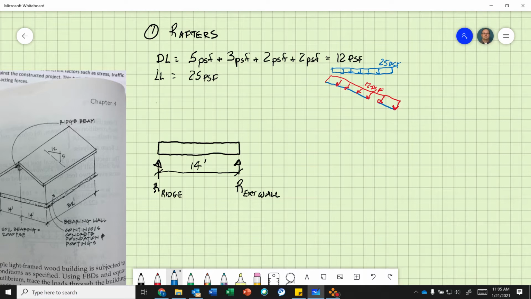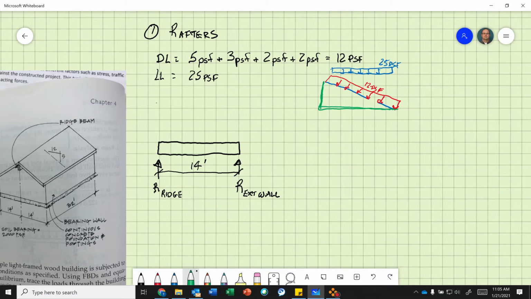Now the question is, I want to convert that 12 PSF on this rafter so I don't have to do any trigonometry. If I make a right triangle here, I want to convert this 12 PSF so it's horizontally projected.